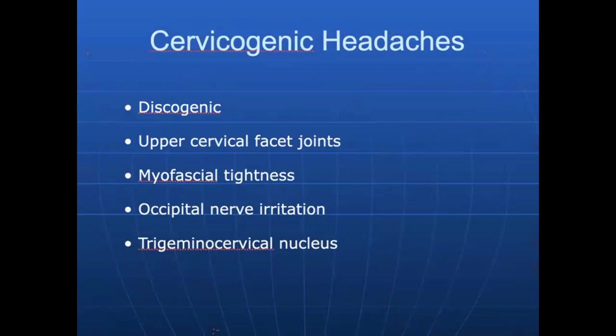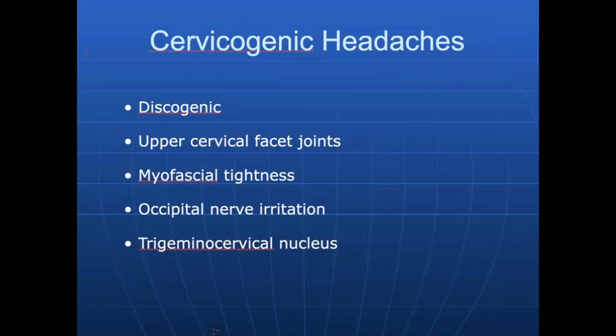You can also have myofascial tightness. We talked about that before. The neck muscles get so tight, they end up irritating the nerves, and those nerves are typically the occipital nerves. You can also get an injury to something called the trigeminocervical nucleus. I'm going to show you a slide in a minute about that, but I want you to know about this because what confuses some people is sometimes people develop facial pain after a collision.